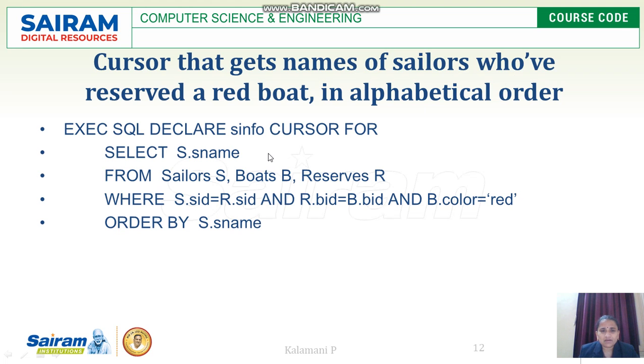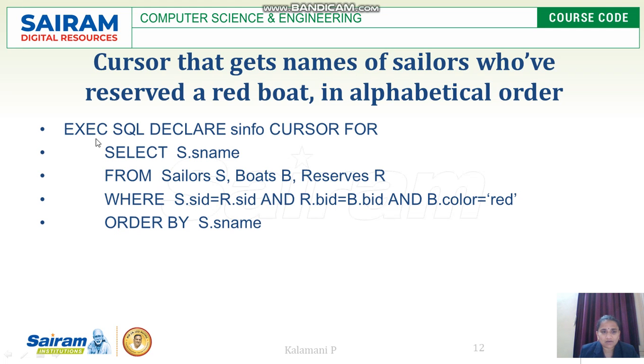Here our aim is to get the names of sailors who have reserved a red boat, and we want to retrieve the names in alphabetical order. For that we are using cursors, with embedded SQL.